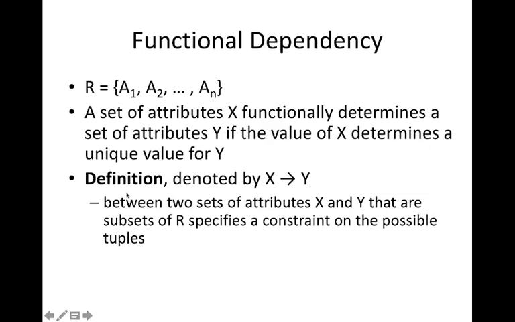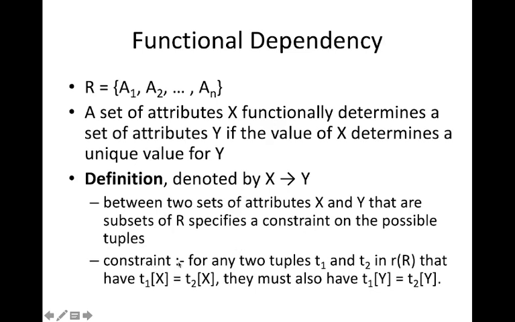So the definition is like this: between two sets of attributes X and Y that are subsets of R. X is a set of attributes and Y is another set of attributes, and X is a subset of R, Y is also a subset of this universal relation. X and Y specify a constraint or condition on the possible tuples; on all the rows, this condition should hold.